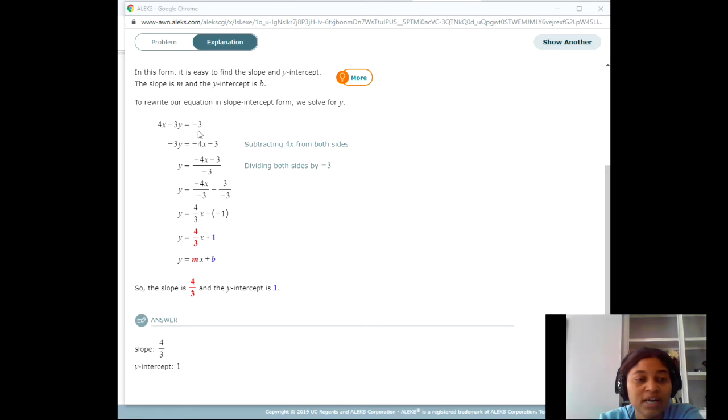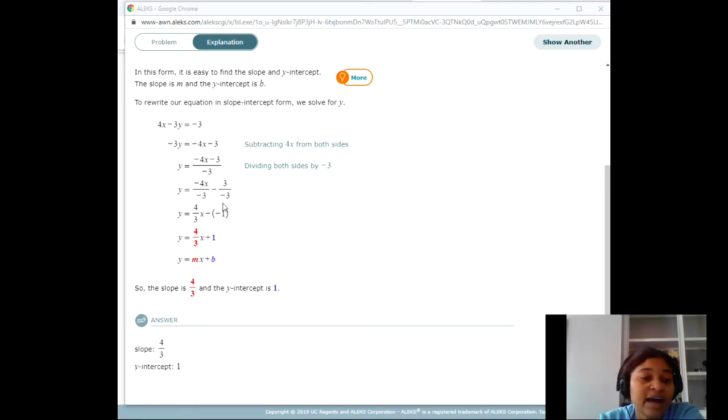So what they did first was they subtracted 4x from both sides. So they just simply wrote out 4x minus 4x, minus 3y equals -3, and then they were left with -3y equals -4x minus 3. After they did that, then they divided both sides by -3.